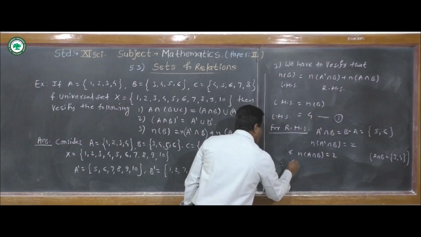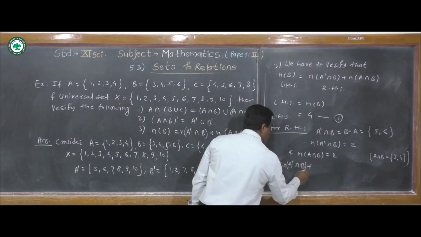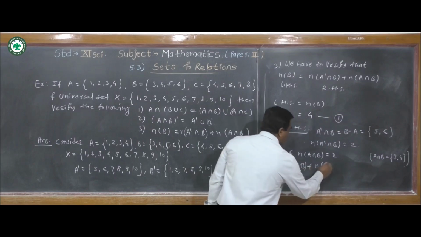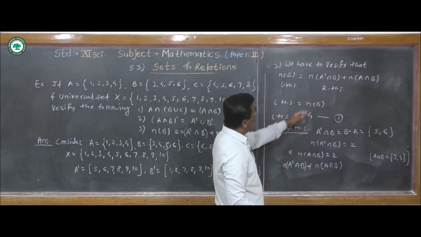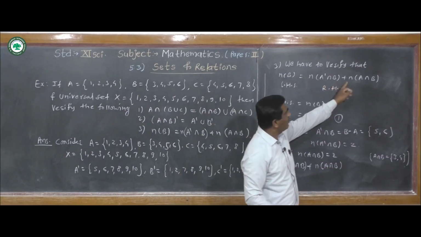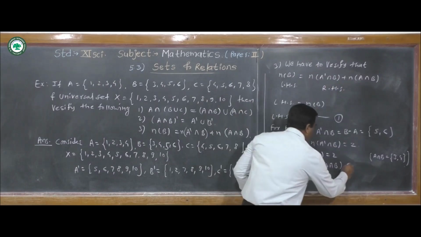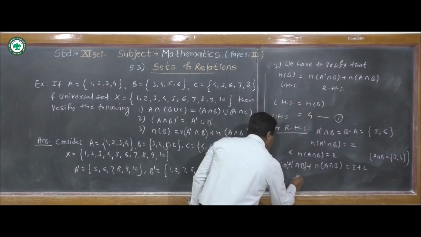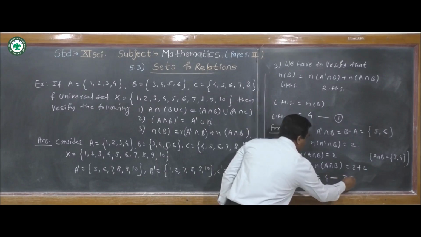Therefore number of (A dash intersection B) plus number of (A intersection B) is equal to 2 plus 2. That is, RHS is also 4, equation 2.